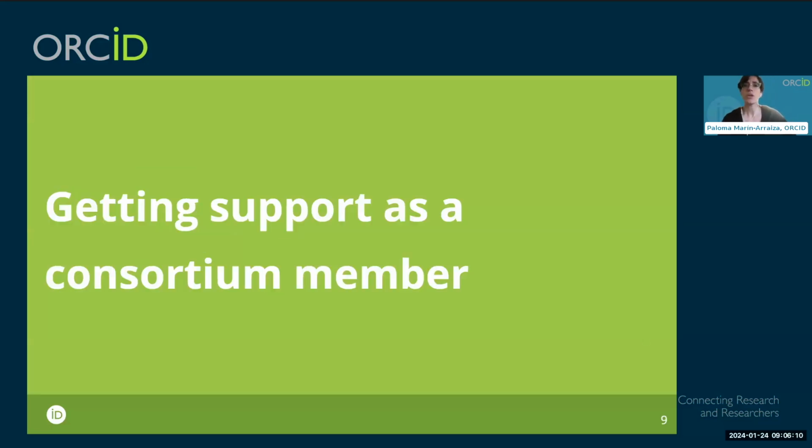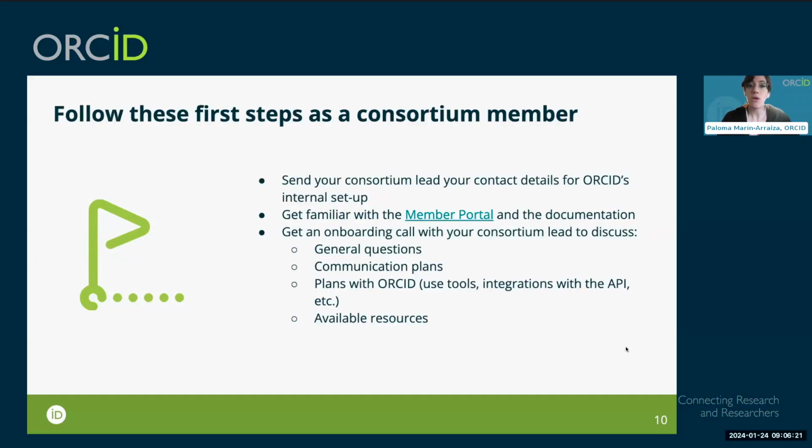Now let's go to the direct support example. So first of all, let's cover how getting support works as a consortium member. As you know, if you're a consortium member, you will have some contact directly with your consortium lead, the lead organization of your national consortium.